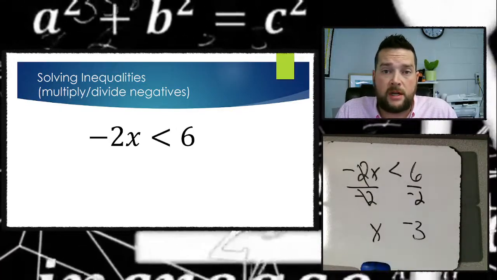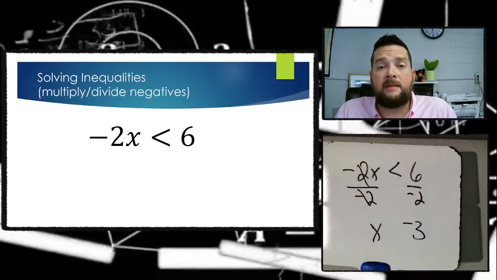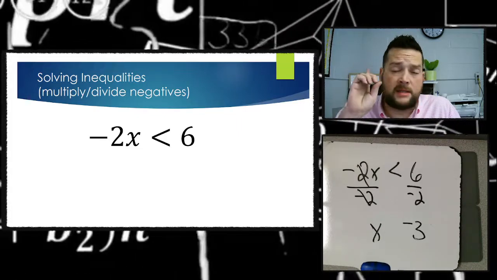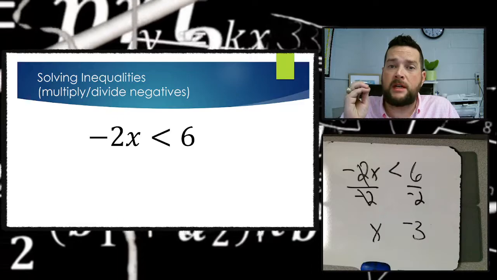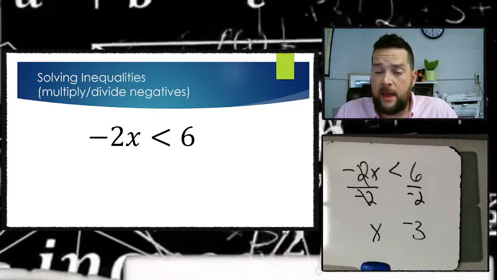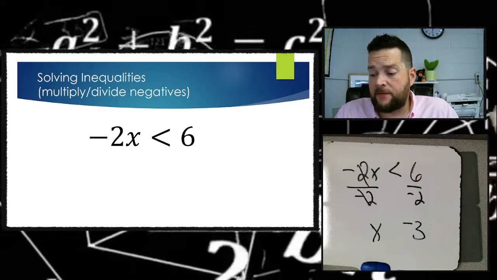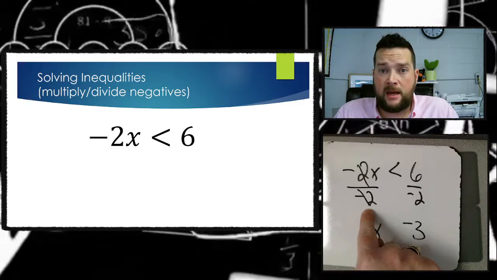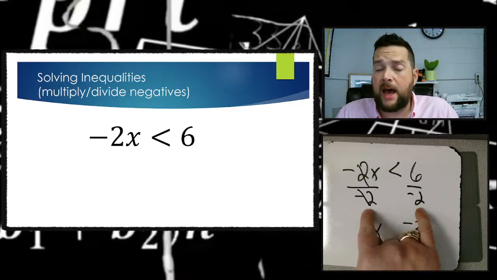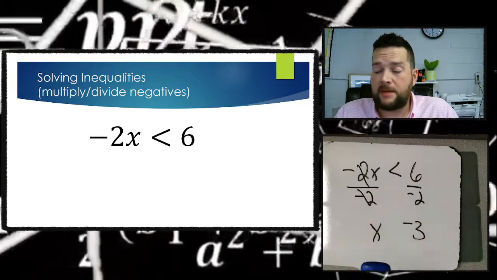Now we need to address the inequality, all right? And this is the rule, right? The one little rule, this is the only thing extra that you need to remember when it has to come to solving inequalities. All right, if you ever have to divide by a negative or multiply by a negative on both sides, you flip the sign.